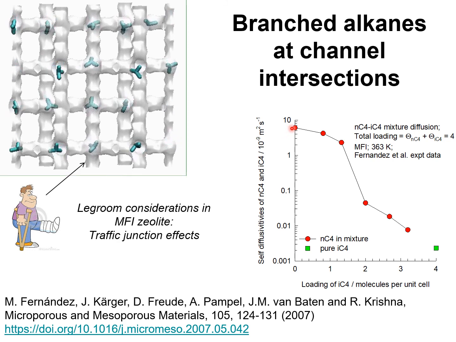And we note that the self-diffusivity of normal butane that can locate anywhere along the channels is reduced by about 2 to 3 orders of magnitude when the loading of isobutane is increased in value to more than 2 molecules per unit cell. So the intersections blocking has a severe influence on the mobility of normal butane along the channels.